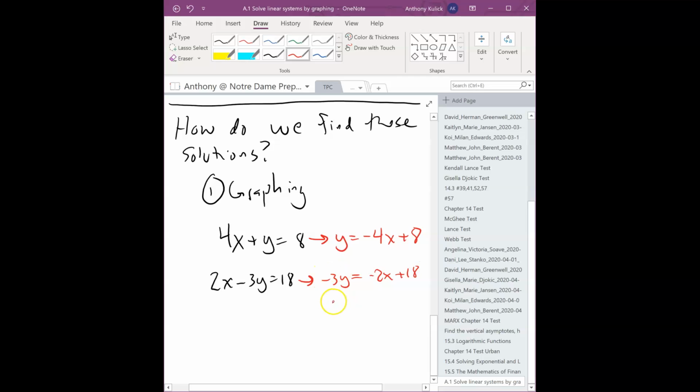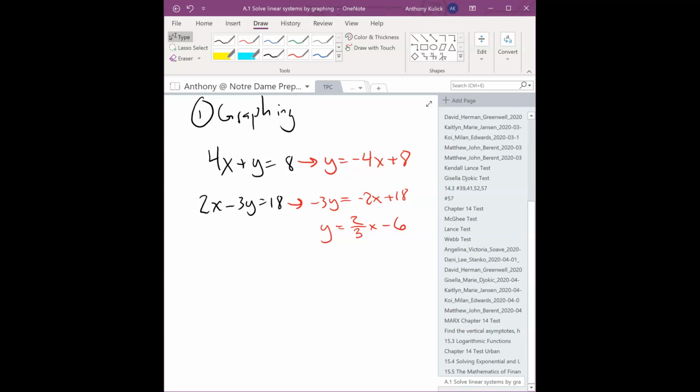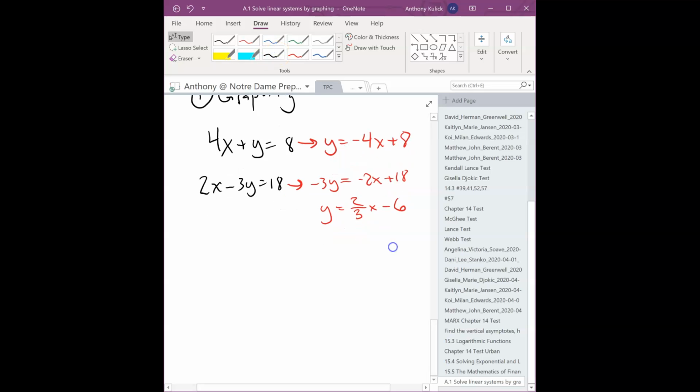But then I also have to divide both sides by -3. And then what I'm going to do is graph these two equations. So I would make an XY table for each one of these. So equation 1, and then an XY table for equation 2.